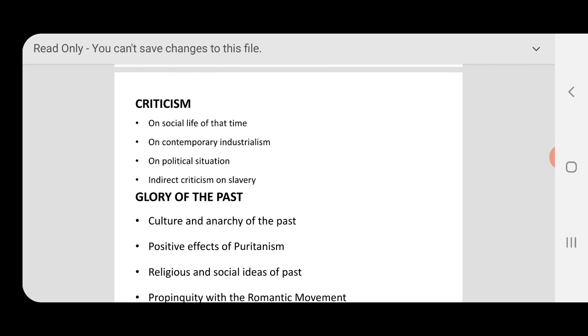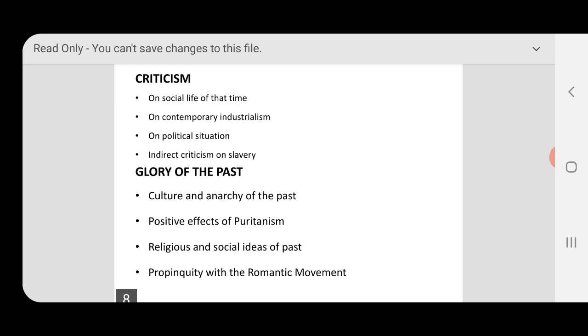They also criticized contemporary industrialism in their poetry, and they condemned the ongoing political situation of that particular age. And some of the writers indirectly condemned and criticized the slavery system which was being practiced during this period.